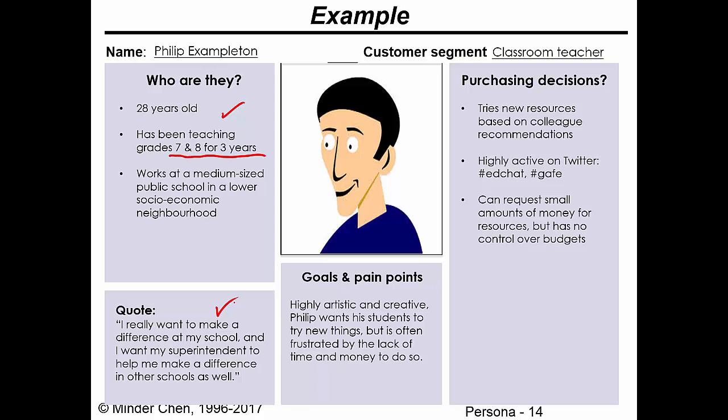The goal is to be highly artistic and creative. He wants his students to try new things, but is often frustrated by the lack of time and money to do so. Okay, and so here we list some purchasing decisions.